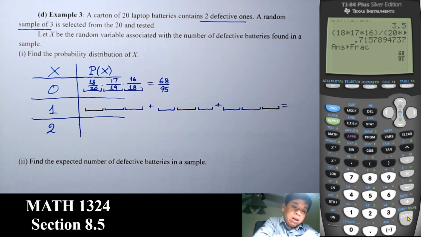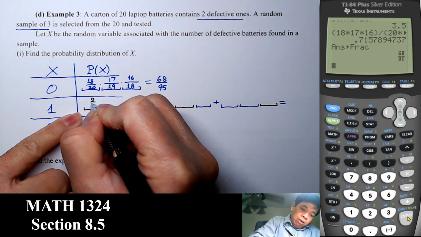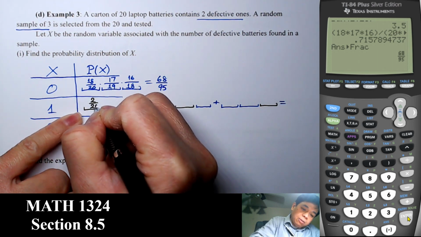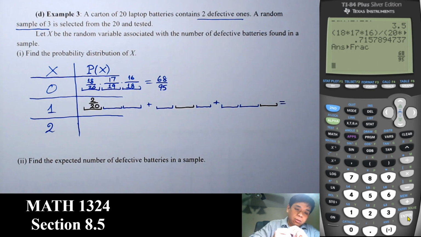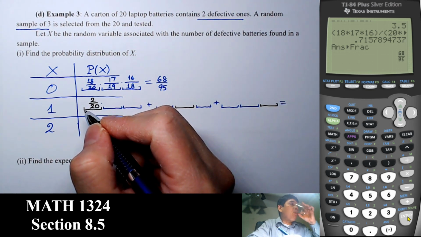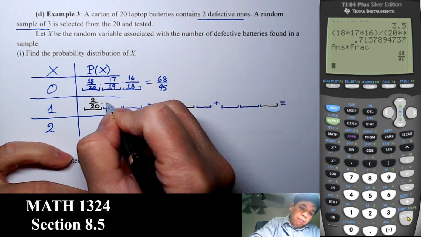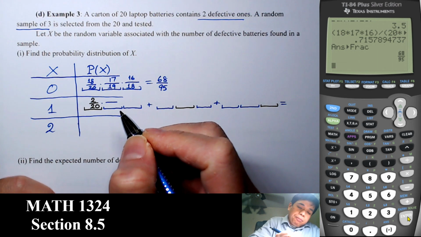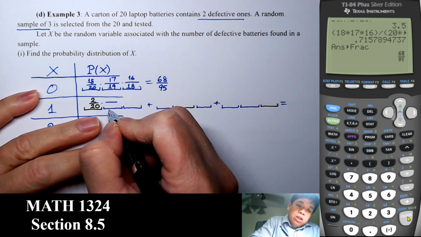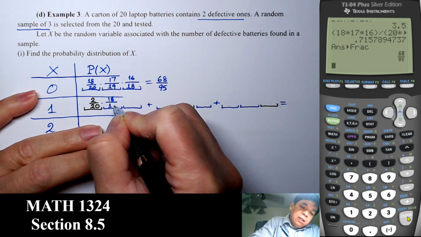Now, to get one that is defective, that's 2 defective out of 20. And then next, the next one is not defective. There are 18 of them, out of 19.